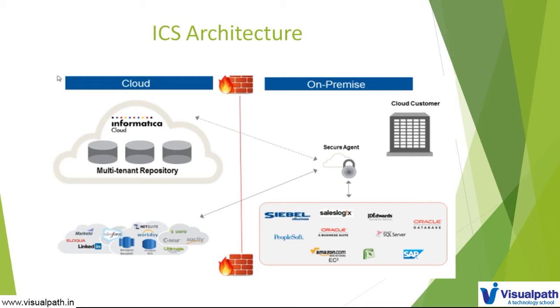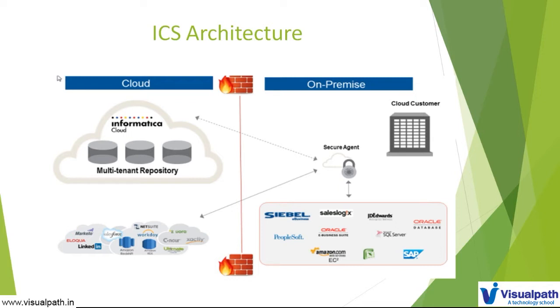I will explain how to install this secure agent, how to configure it with your Informatica Cloud organization, and how to start, stop, and restart it. All this information we are going to learn as part of this session.